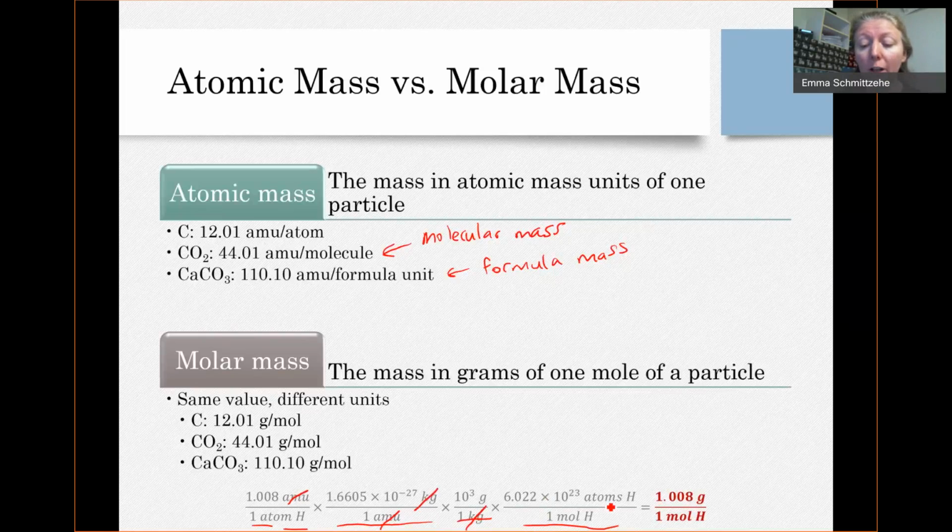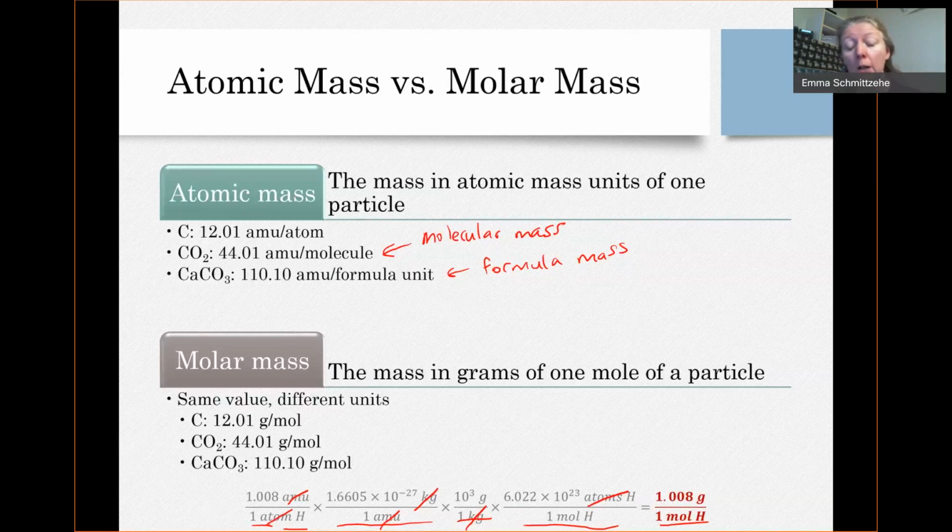If I put Avogadro's number on top, so the atoms on top, that will cancel with the atoms on the bottom that we started with and give me something in grams per mole. So if you punch that all in your calculator, what you will get is, again, 1.008. And it'll be 1.008 grams per mole.